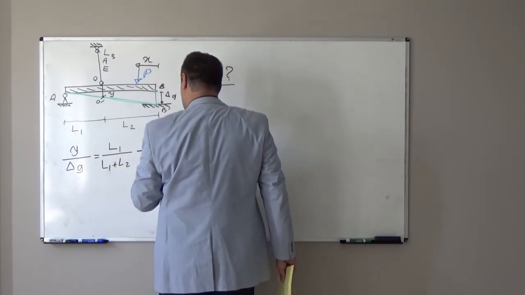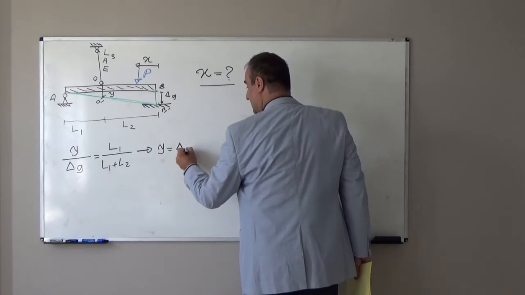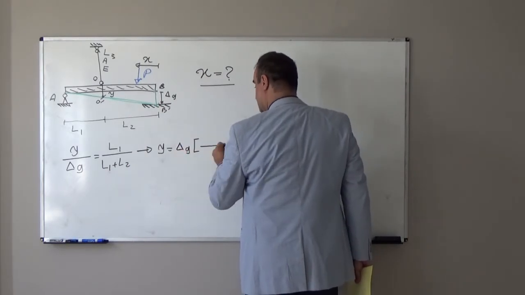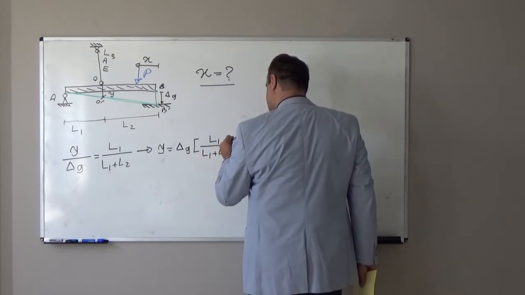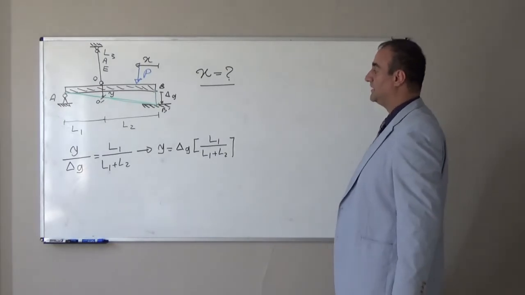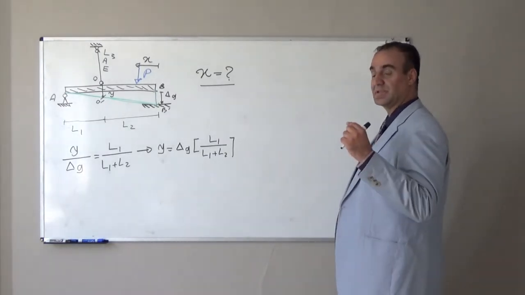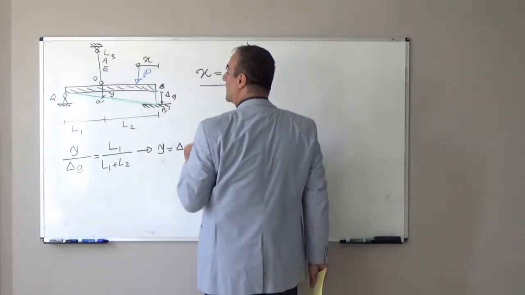From here, y will be equal to delta gap times L1 divided by L1 plus L2. Because we know L1, we know L2, and we know the delta gap, the initial gap, it is a known value, we can find y.